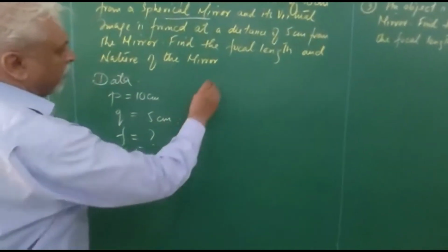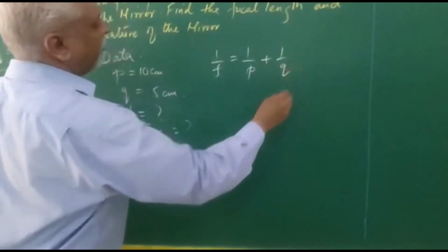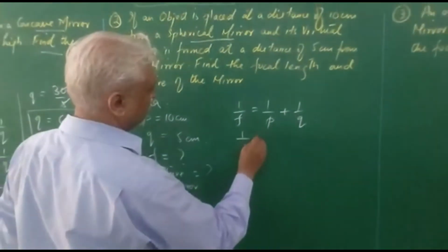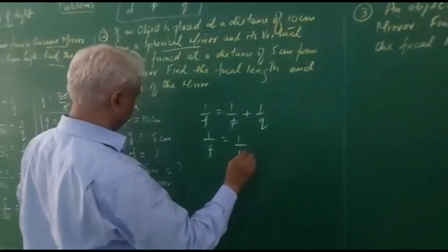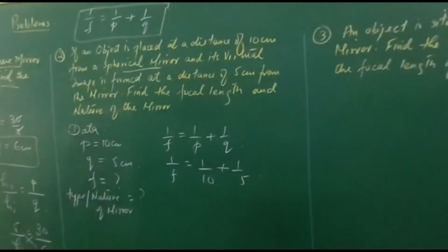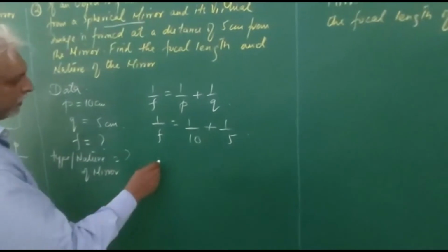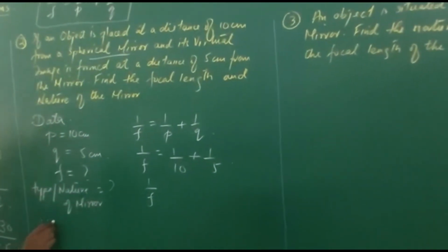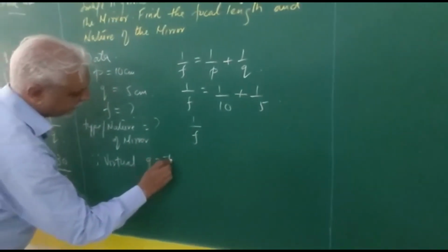Now, 1 upon F is equal to 1 upon P plus 1 upon Q. We will keep the same formula. Focal length is what we need to find out. P is 10 and Q is 5. Since it is virtual, we will have to take Q as negative.